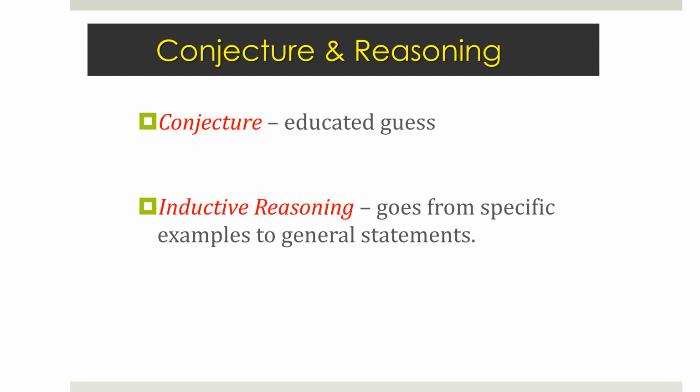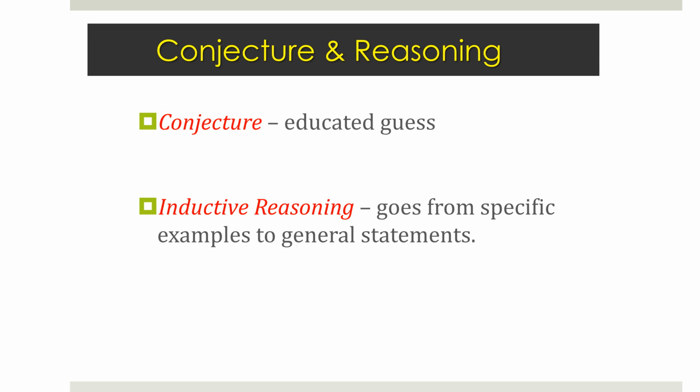Last term, we're going to do a ton of work with inductive reasoning. There's two different types of reasoning, inductive and deductive. Inductive reasoning means we take a bunch of examples and then we make a general statement. So I take my little clicker and I drop it. I do that 10 times.